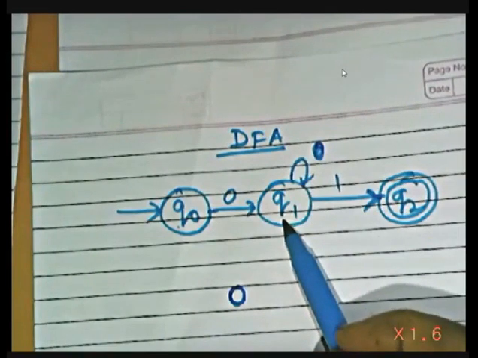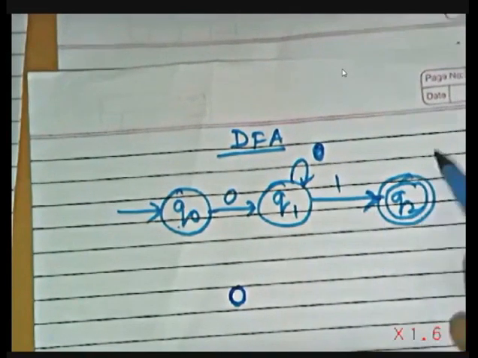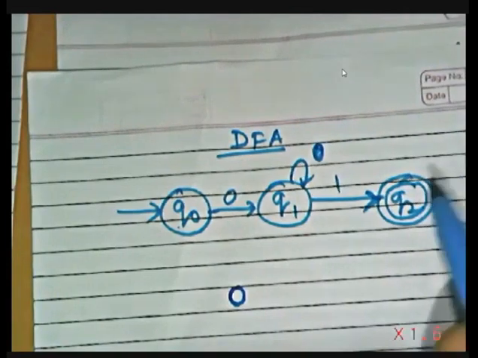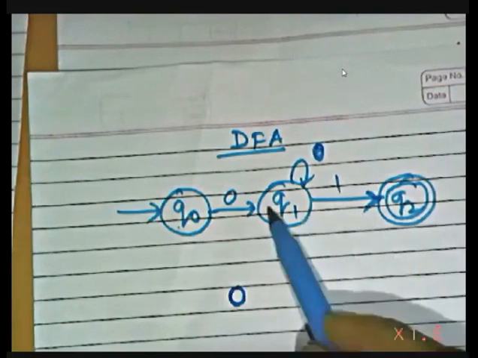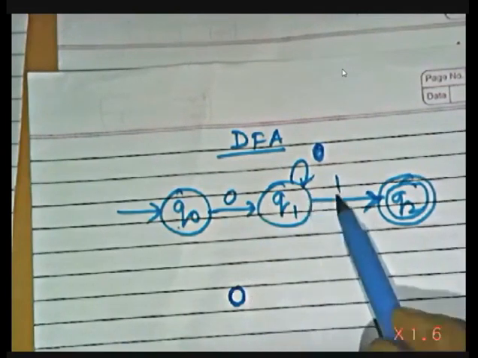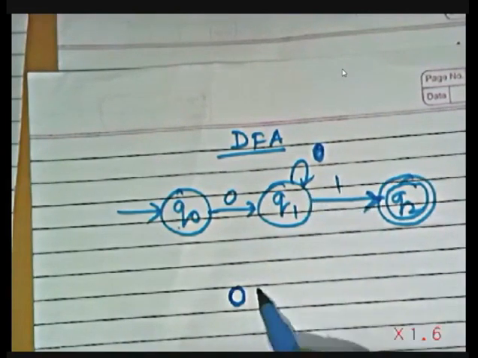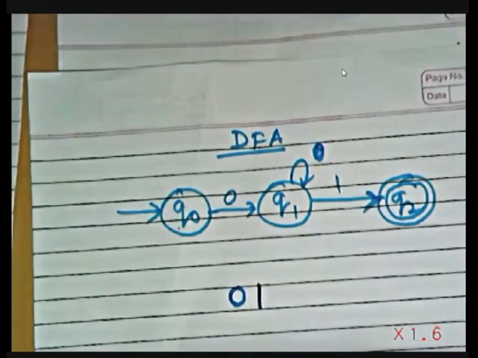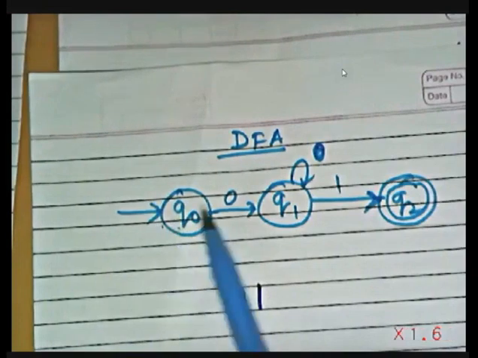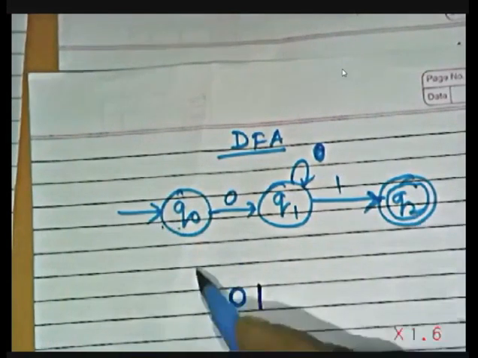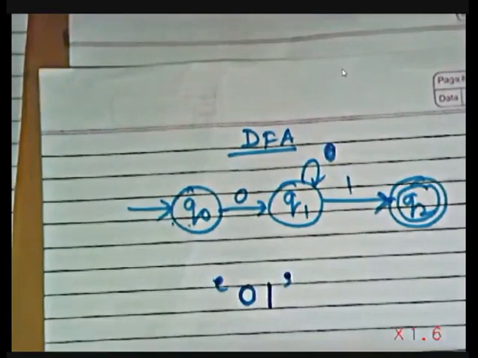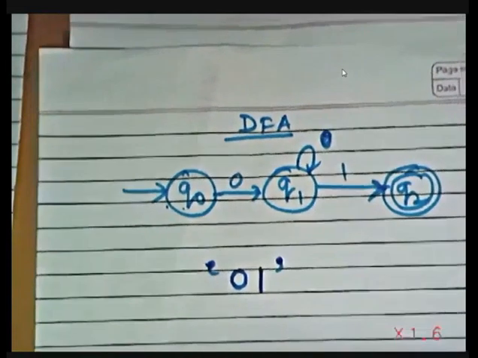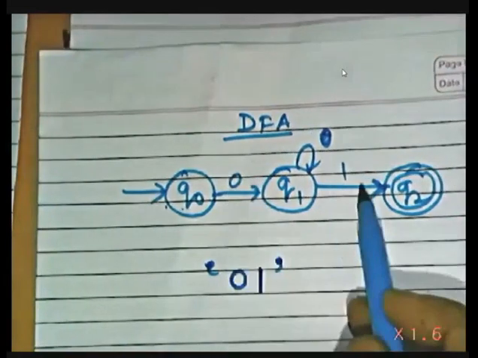But if I want to reach the final state, this is my final state, what is a must? The must is that after 0, I must have 1. So if my input is 0, 1, I can reach from the initial state to the final state. In short, the minimum size string acceptable to this finite automata will be 0, 1.